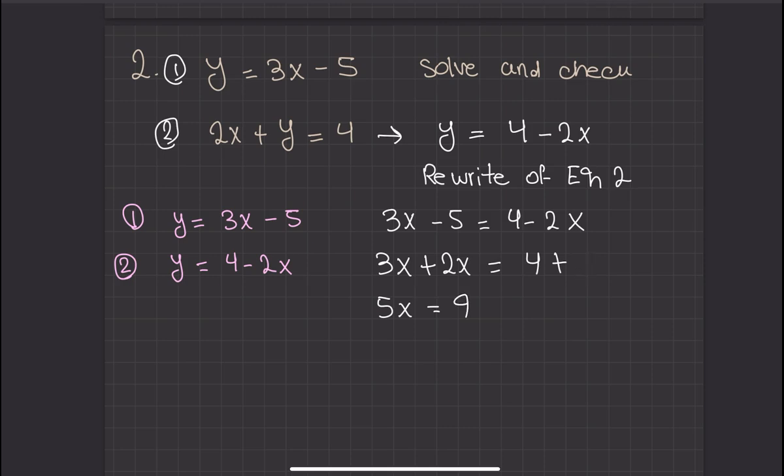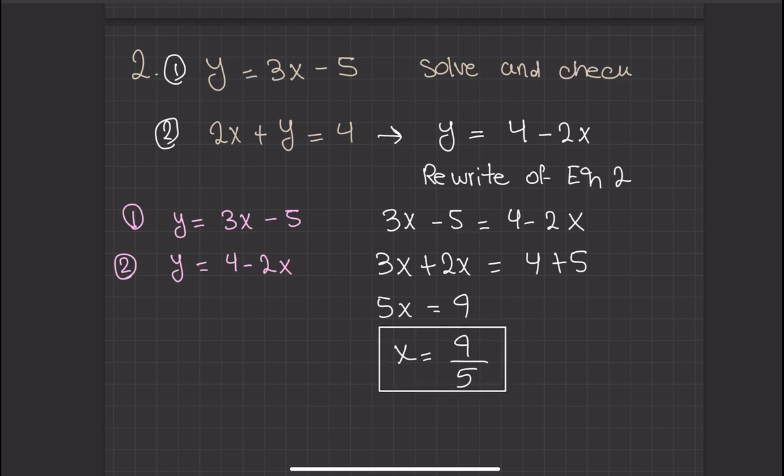Sorry. It's going to be 4 plus 5. Sorry about that. Okay, so in order to find x, both sides are going to be divided by 5. So these two go away, and x equals 9 over 5. And this is how we solved for x. We found the x number.